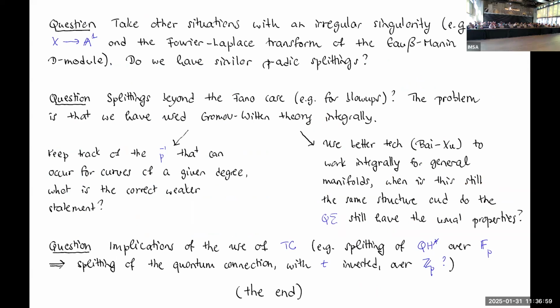You take its Fourier-Laplace transform, that will produce an irregular singularity at infinity. And I would like to know whether in this case we have similar splittings. So the splittings would correspond to the connected components of the critical locus of the function. So if several lie in the same fiber, there should still be a splitting into pieces. And I would like the splitting to be not just formal, but to actually be p-adic convergent in the same sense, with radius of convergence 1 and so on.